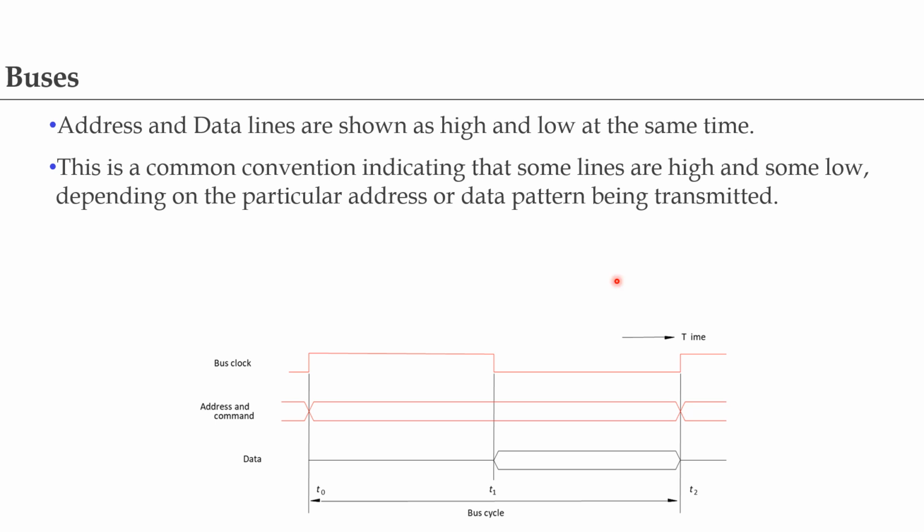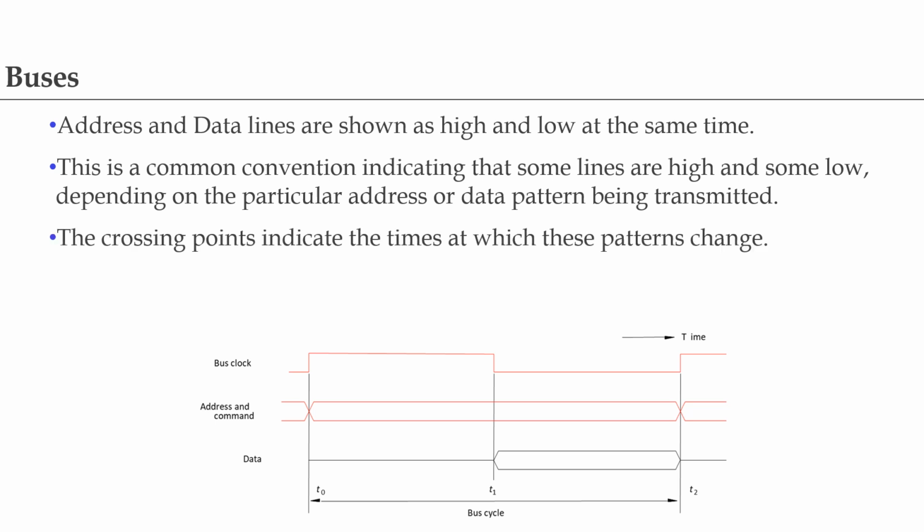Crossing points are where lines change from high to low, or vice versa. These points indicate when new data or addresses are being transmitted. These changes are synchronized with the clock signal, ensuring all devices on the bus operate together.